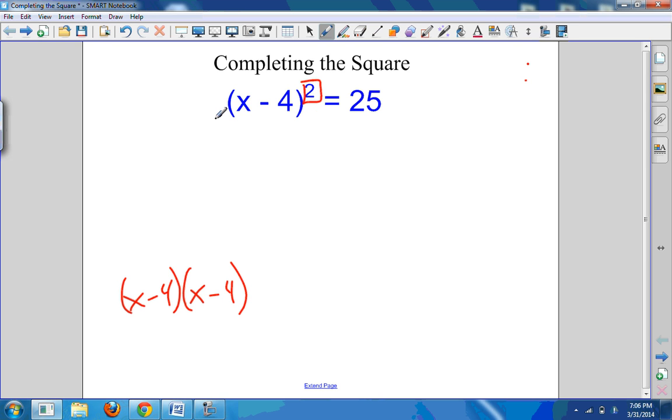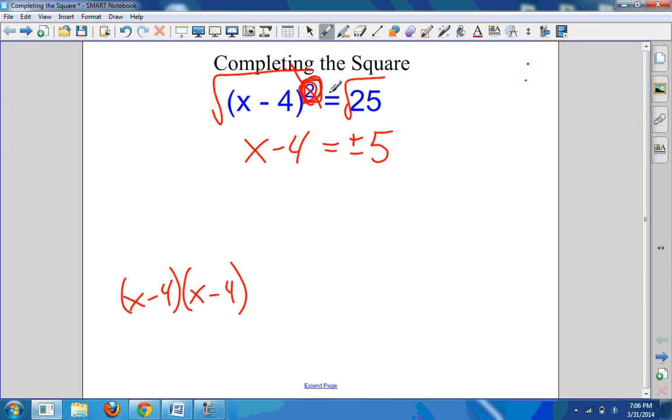The opposite of squaring something is to take the square root. So those cancel out, and we get x minus 4 is equal to the square root of 25, which is 5. But we need plus or minus 5, because when we have something to the second power, we're going to have two answers.